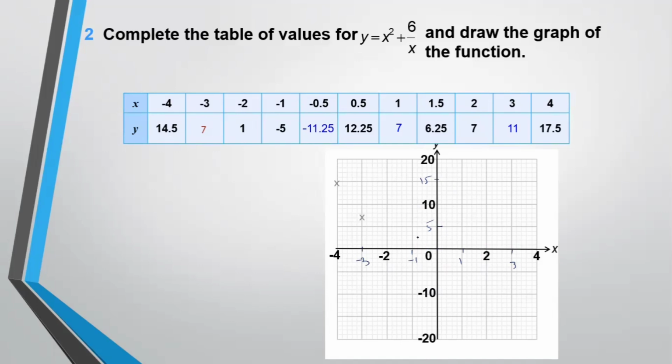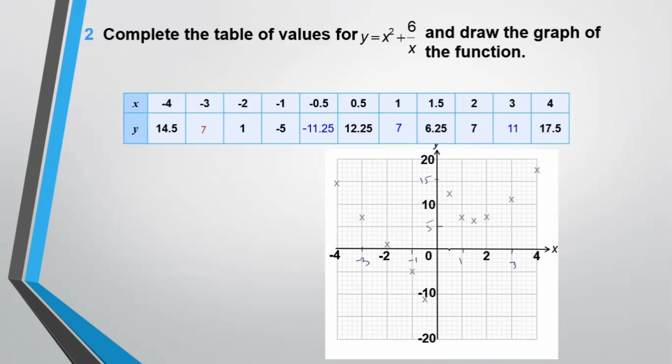Let's plot the points here. So this is the point here, minus 4 and 14.5, minus 3 and 7, minus 2 and 1, minus 1 and minus 5, and minus 0.5 and minus 11.25. For the positive values, let us plot.